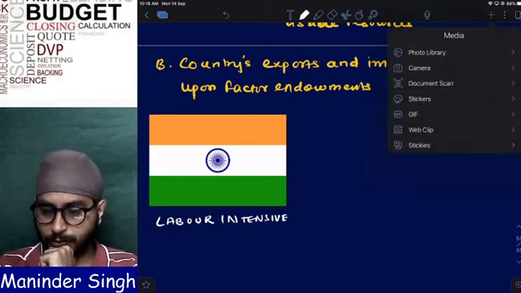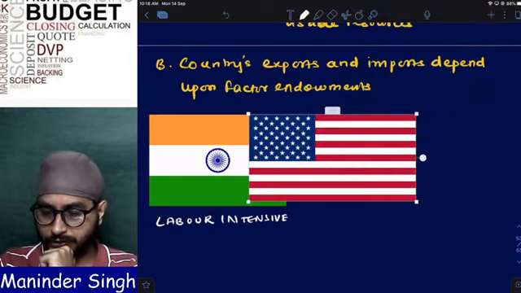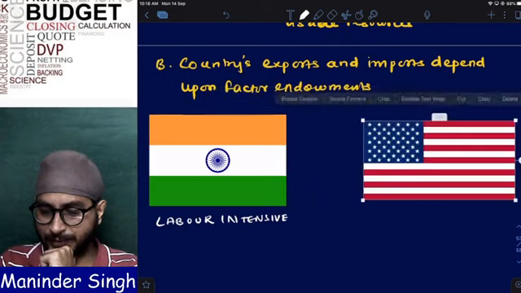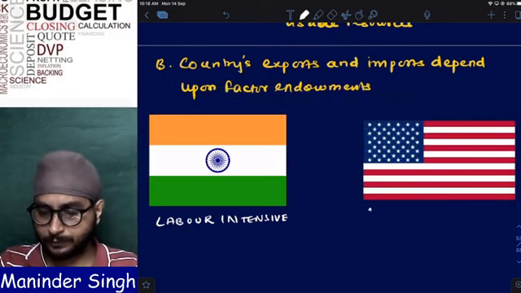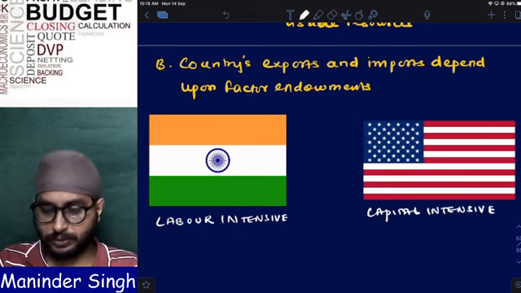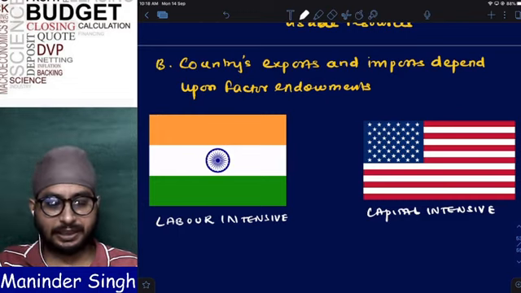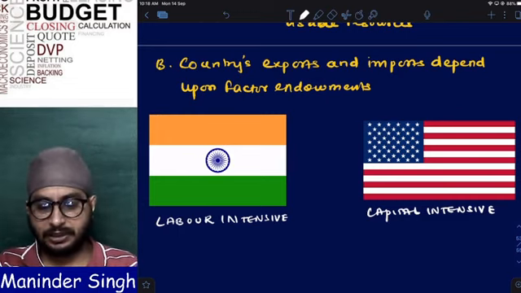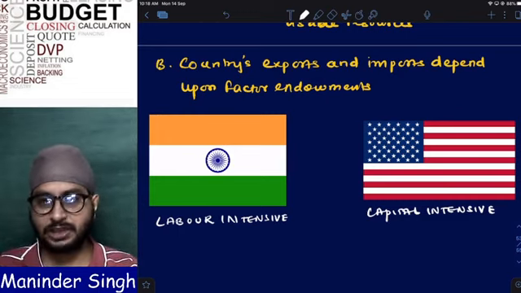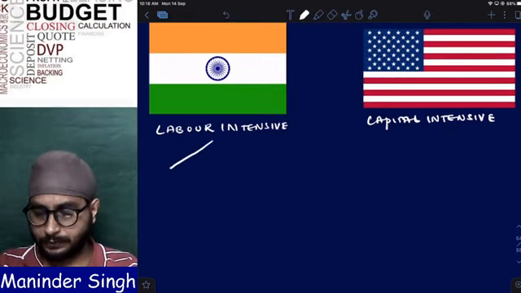Next, one more example we'll take, as I already told you, US. Tell me, is US labor intensive or capital intensive? It is capital intensive. Clear? So India is a labor intensive country and US is a capital intensive country. Now tell me, in India, is labor cheap or capital cheap?